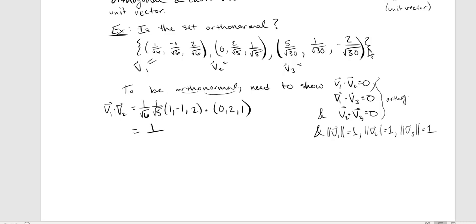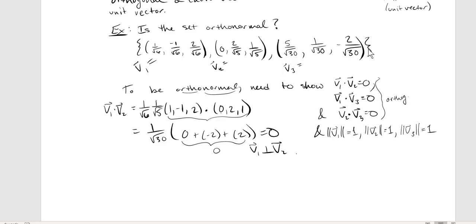So I've got this 1 over root 30 out front. Then from actually dotting the vectors, I get 1 times 0, plus negative 1 times 2, plus 2 times 1. Well, it does look like we get 0 here, which means the dot product is 0. V1 is orthogonal to V2.